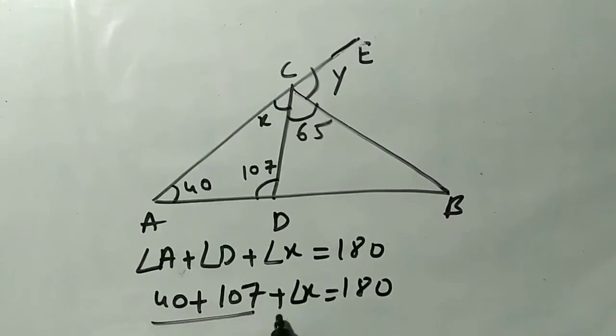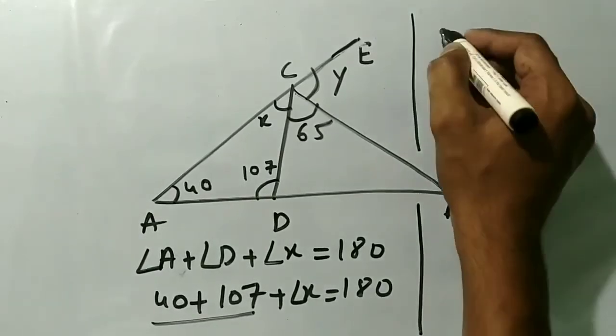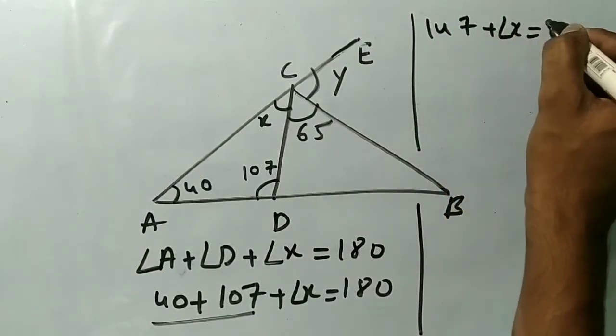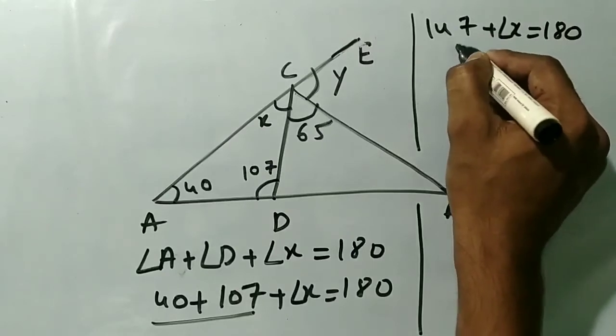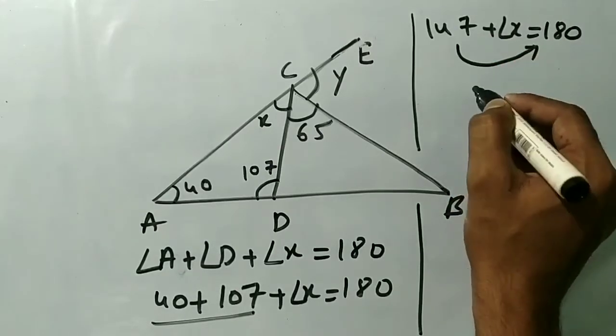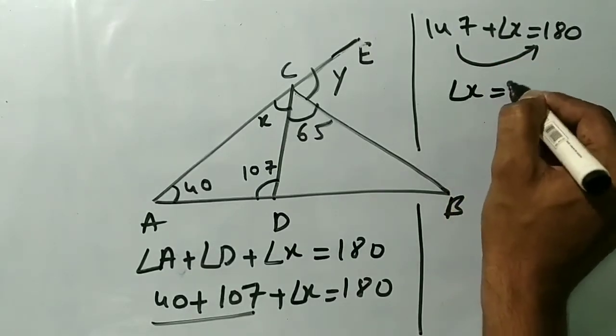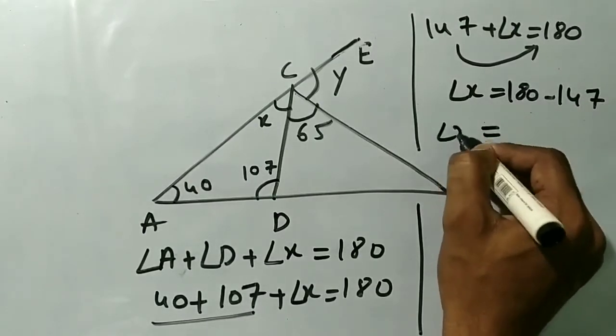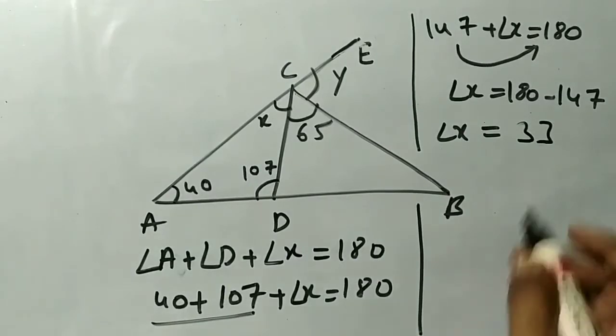So 40 plus 107 is equal to 147 plus angle x is equal to 180. So when it goes to the other side it subtracts, angle x is equal to 180 minus 147. Angle x is equal to 33.